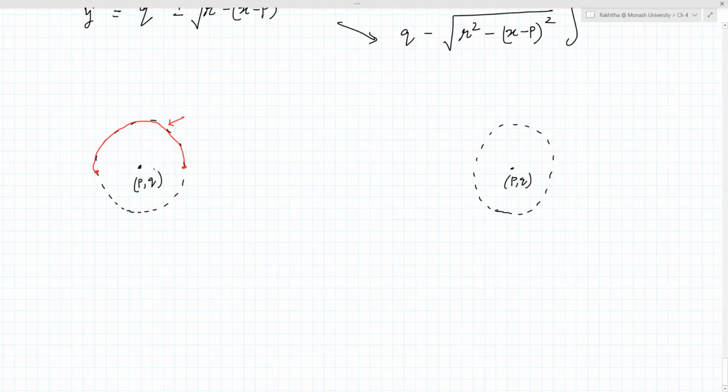I'm going along the x-axis, so x would be my independent variable. My values are coming in y, right? So y would be your dependent variable, and that is in the positive side. So this should be q plus, because it's in the positive side, then the square root of r squared minus x minus p squared.